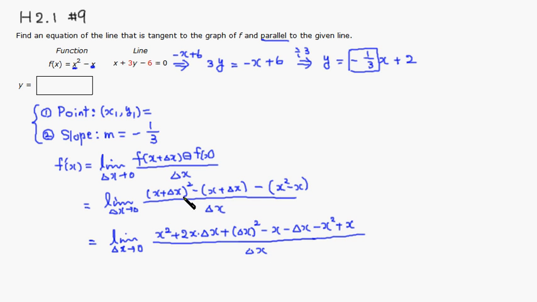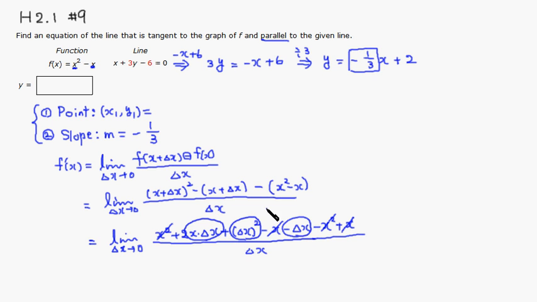We can cancel out x squared here and minus x squared here. There's a minus x here and a plus x there. You can cancel those. You can see that there are 3 terms left over.